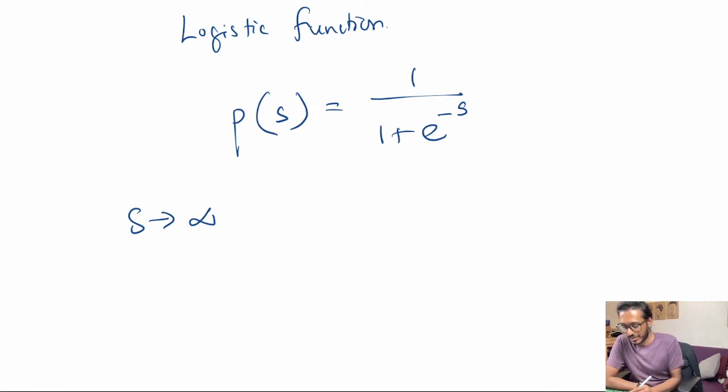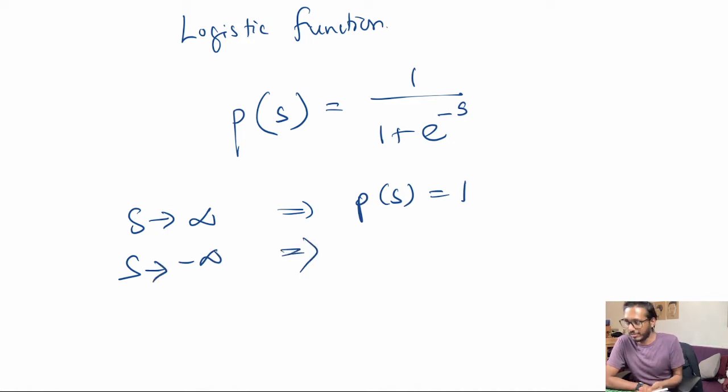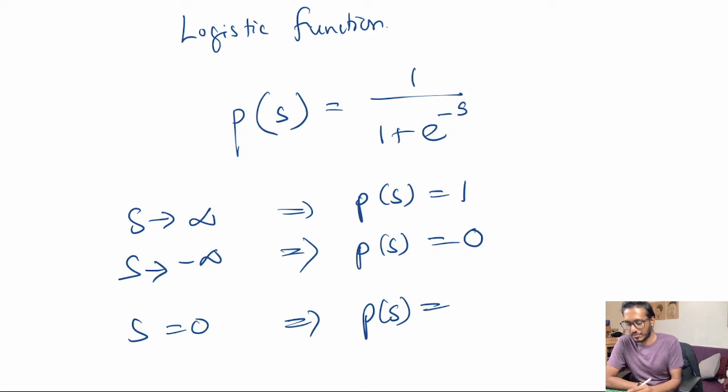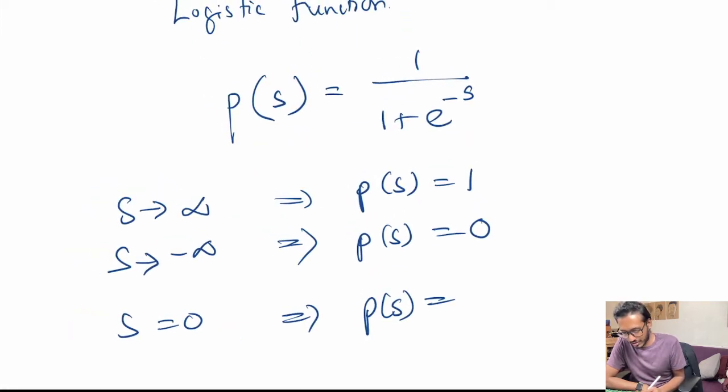So we have 1 over 1, which means p of s is equal to 1. When s goes to minus infinity, this works the other way around. There's 1 under infinity, which makes p of s go to 0. And when s is equal to 0, p of s is 1 over 1 plus 1, which is 0.5.